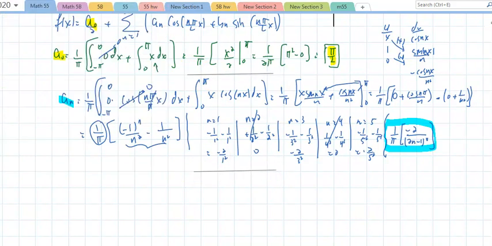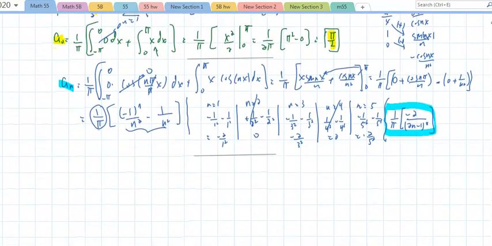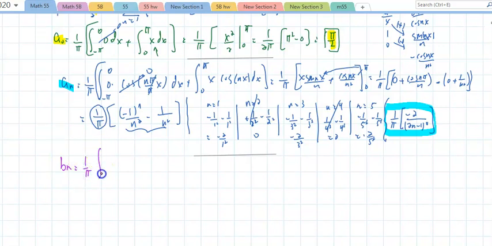And now if I look at b sub n, well, that's going to be 1 over pi, and I'm going to jump straight to it. The integral from negative pi to 0 is going to be 0. It's going to be from 0 to pi of x times the sine of nx dx.